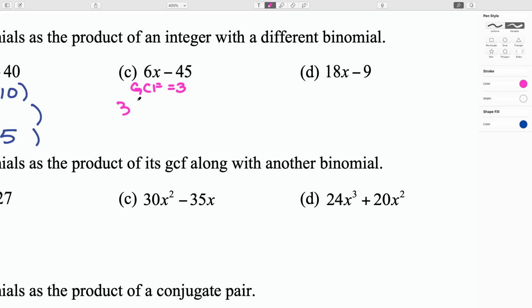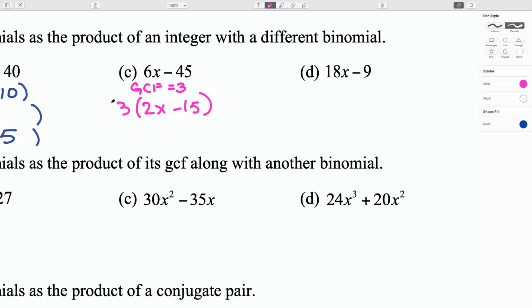So we're going to put 3 on the outside and think, 3 times what will give me 6x? Well, 3 times 2 is 6. So 3 times 2x will give me 6x. And 3 times what will give me 45? Now, if you're not sure, just grab your calculator and divide. 45 divided by 3, 15.